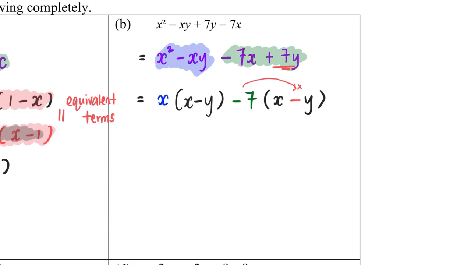And when I do that, now I could see easily x minus y is my common factor, and I'm left with x minus 7. So in this particular approach, rather than applying the technique to write in equivalent forms, I actually rearrange the terms at the start. So this is the second method that I wish to introduce you all to.